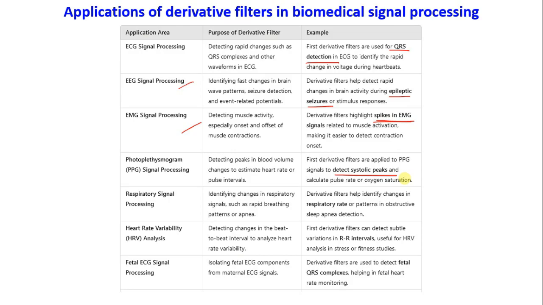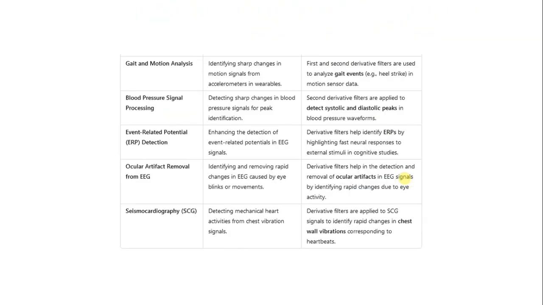So in every application you will see that there are some high frequency components associated with the biomedical signals, and you want to extract those high frequency components, and hence the derivative filters are being applied. Same over here, you can just go through this.